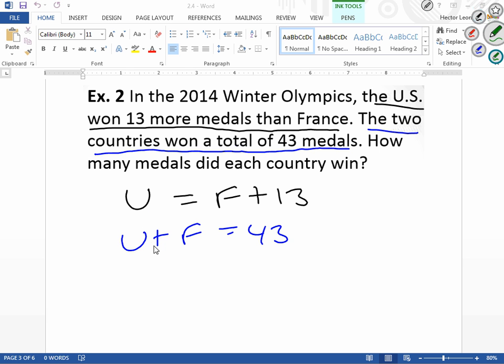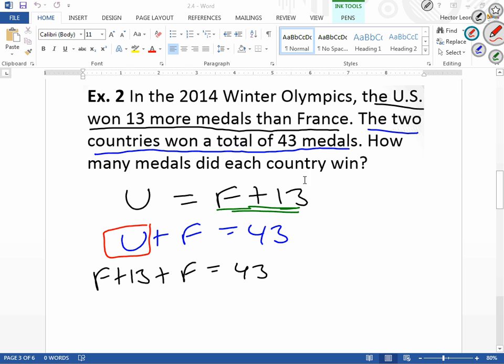In my second equation, instead of U, I'm going to write F plus 13. So let me copy my second equation, but instead of U, write F plus 13 plus F equals 43. Notice how I replaced it with F plus 13 because I knew that's what they were equal to.